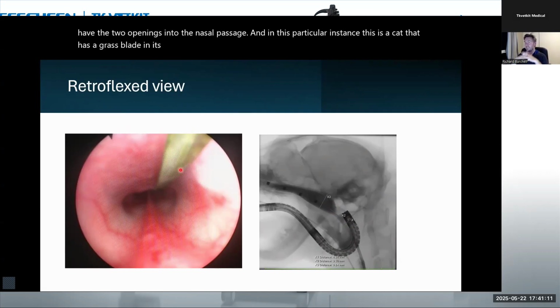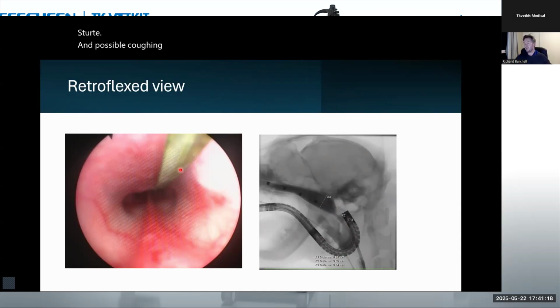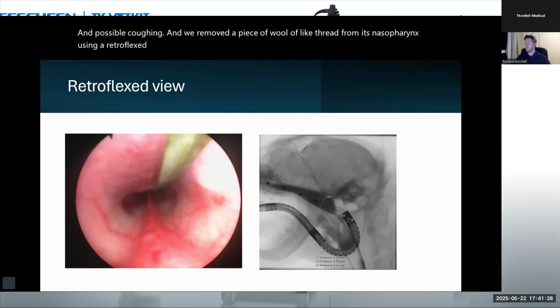I very recently had a cat presented for gagging and stertor and possible coughing, and we removed a piece of wool or thread from its nasopharynx using a retroflexed view and a flexible scope.